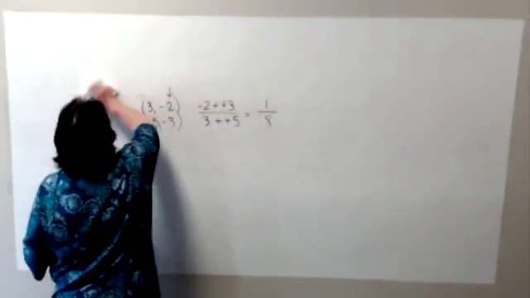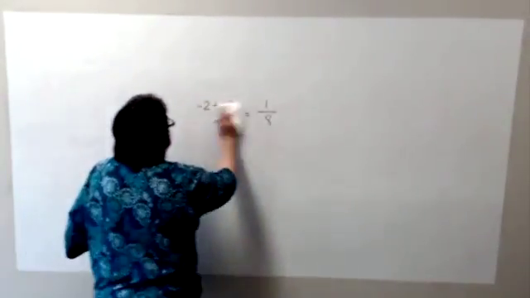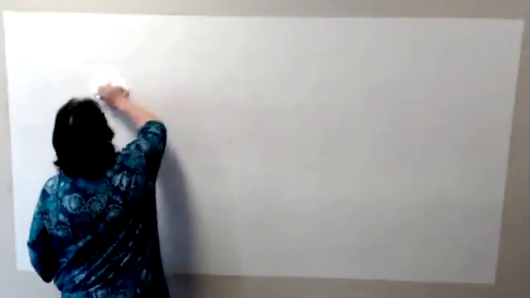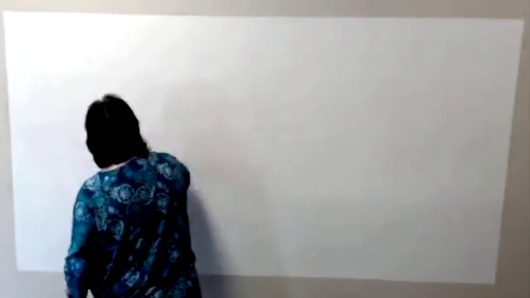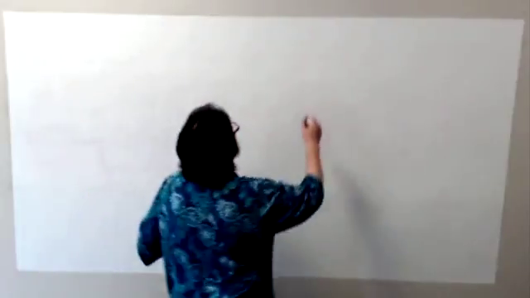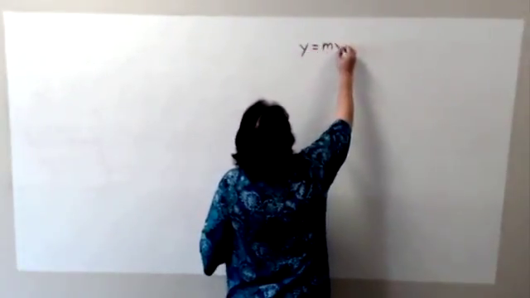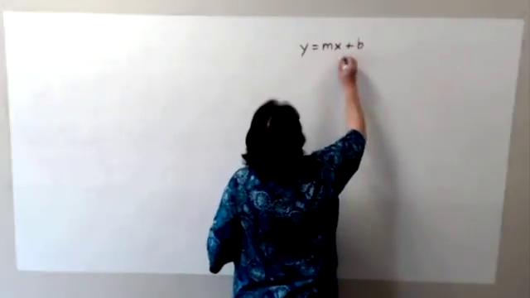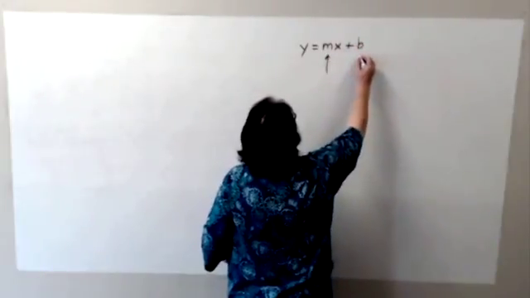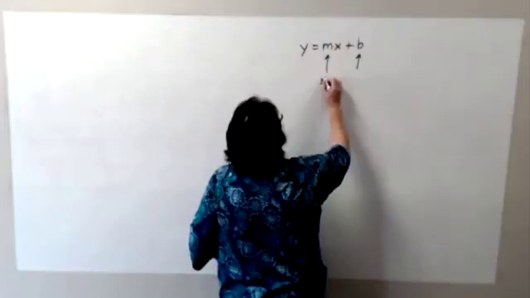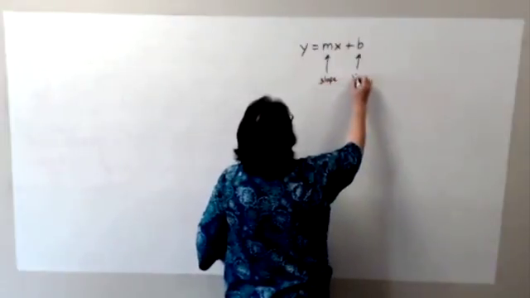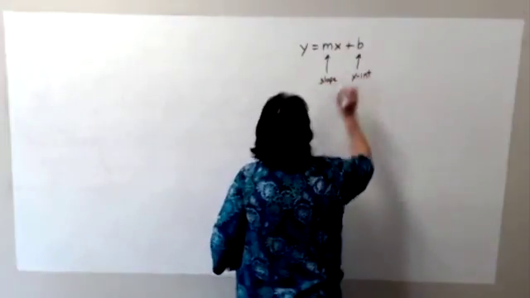Okay. So now we're going to review point slope form. We've talked about our equation y equals mx plus b. When we have our equation in this form, this is our slope, and this is our y-intercept. Slope and y-intercept.